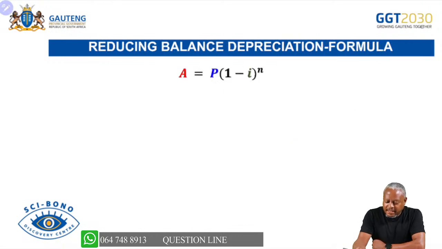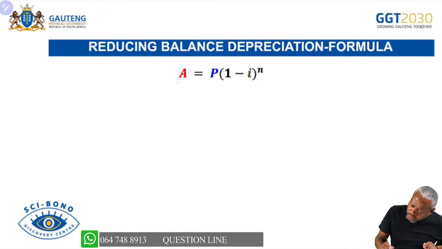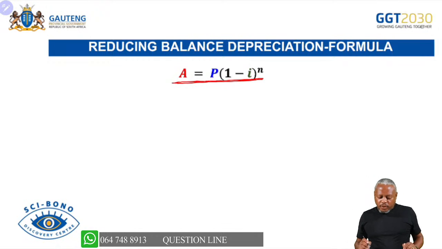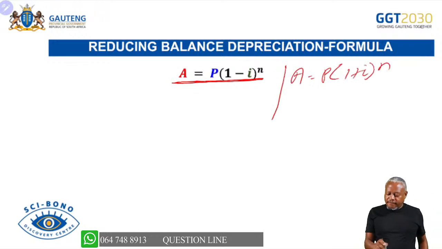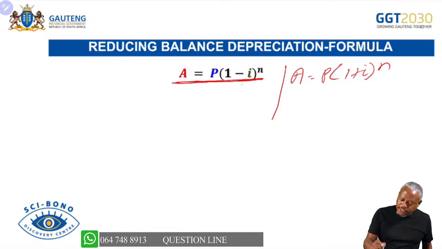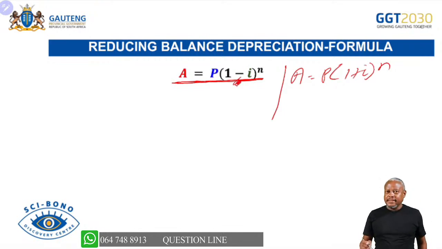Now, the reducing balance depreciation formula. You see this one. We had something like this: A is equal to P into 1 plus i to the exponent. You see the difference between the two. This one we speak of depreciation because we've got a minus, a negative sign. Depreciate, minus, subtract.